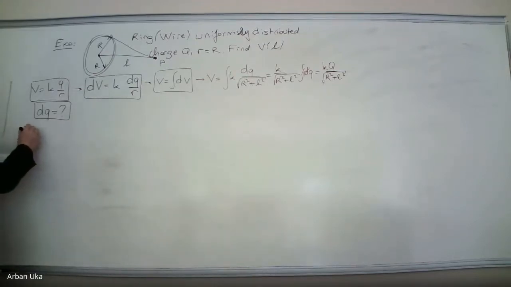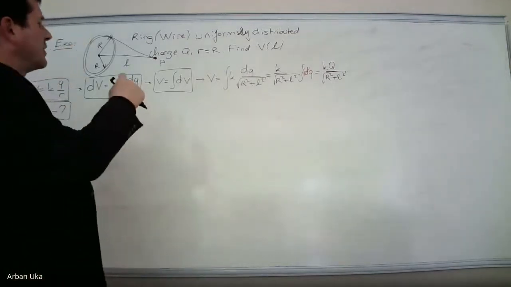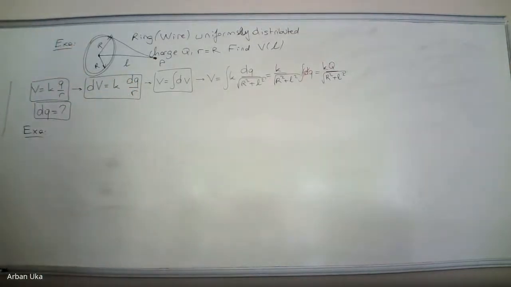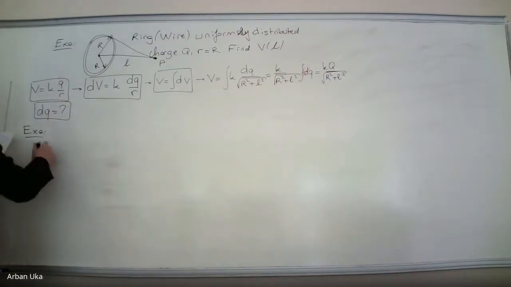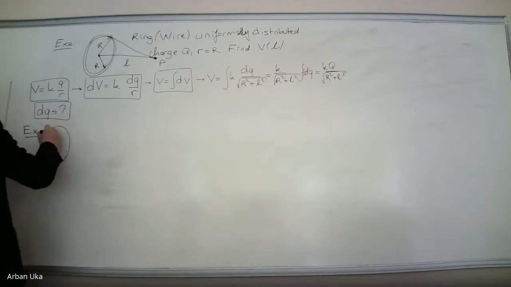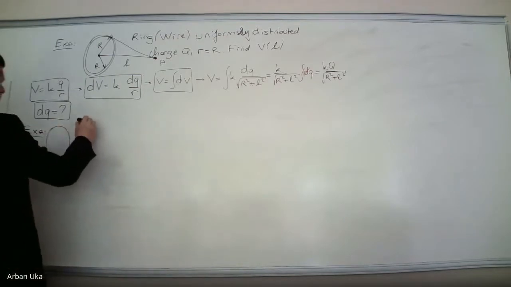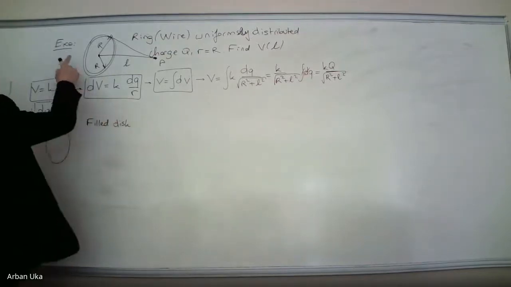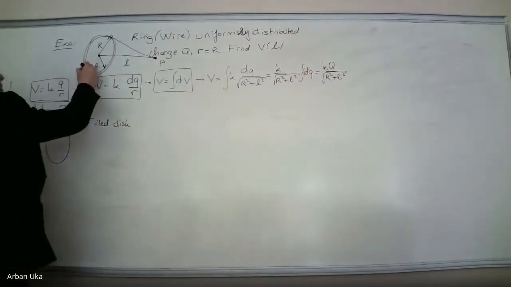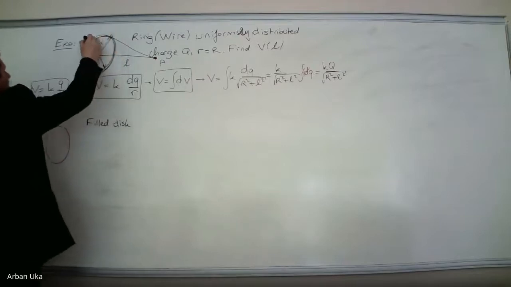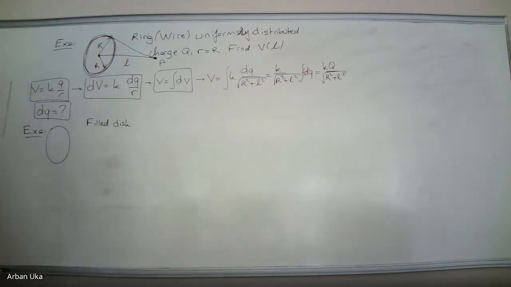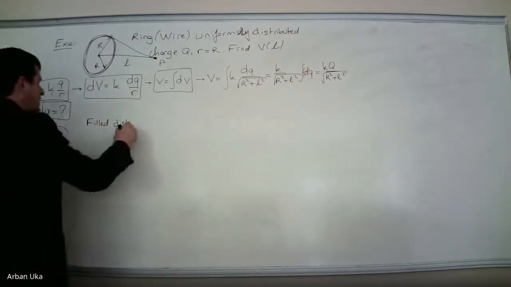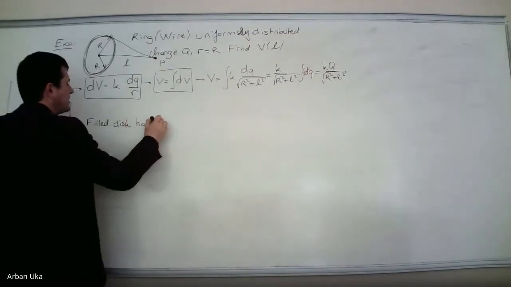Let's see another example, and we will try to draw equivalent principles from this example and the next one. In this other example, we assume a disk which is filled. So let me write it like this: filled disk. This one, it was a ring where the charge was distributed only around this path. But now we have a disk which is completely filled, and it has sigma.